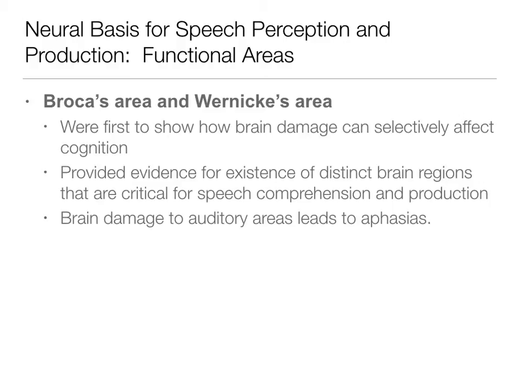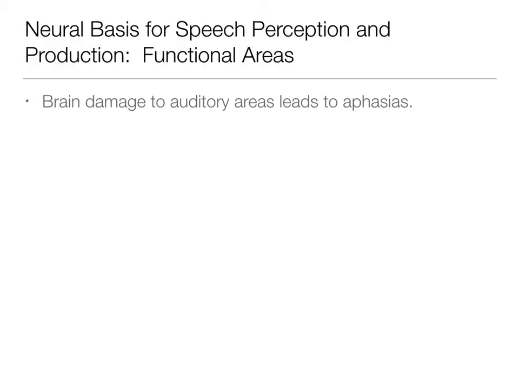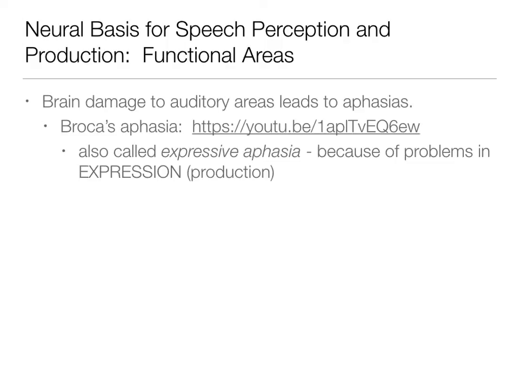Aphasia is what we're going to call those deficits in speech function, whether it's in terms of comprehension or production. So Broca's aphasia is also called expressive aphasia because it has problems of expression. There's a YouTube video linked in the lecture outline that really shows this.